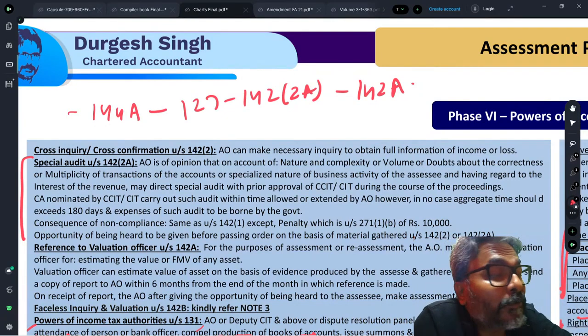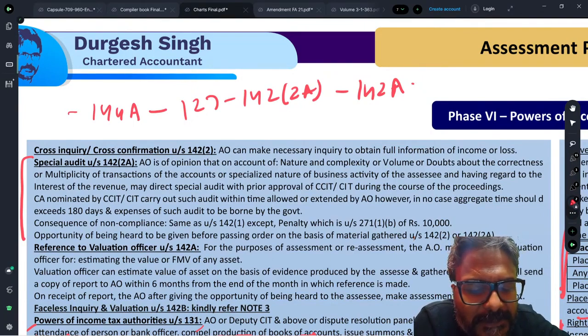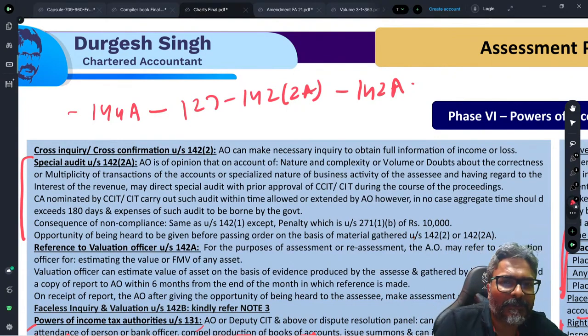Now, students, the stockbroker industry is a very specialized industry. With such a specialized industry, you need that level of sophisticated skill and understanding to do a meaningful job and exercise. So here is a stockbroker's case which is coming before the assessing officer.